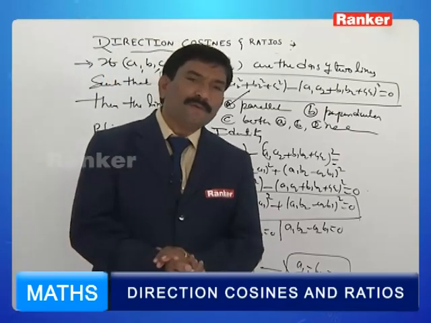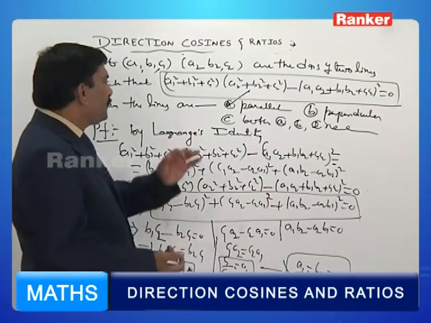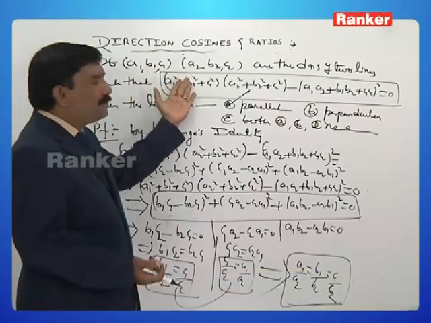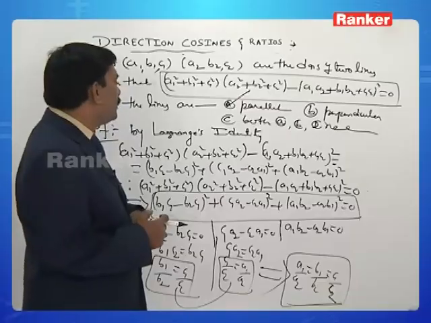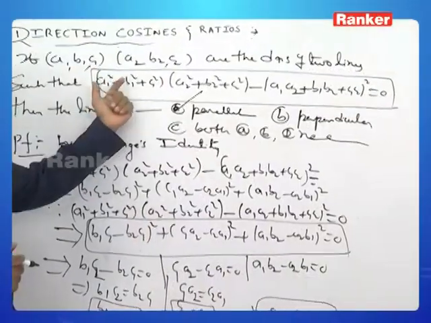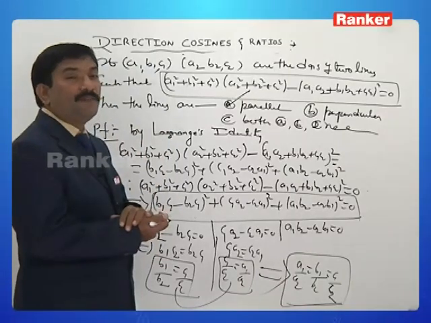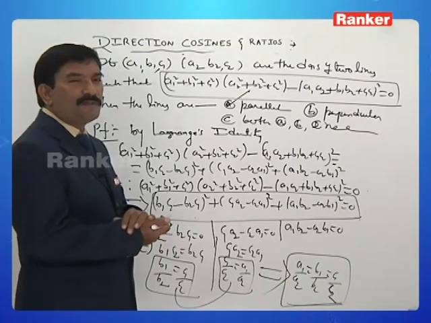So therefore, wherever you come across a condition of this type, that is, A1, B1, C1 and A2, B2, C2 are the DRs of two lines, such that (A1 square plus B1 square plus C1 square) into (A2 square plus B2 square plus C2 square) minus (A1 A2 plus B1 B2 plus C1 C2) whole square is equal to 0.